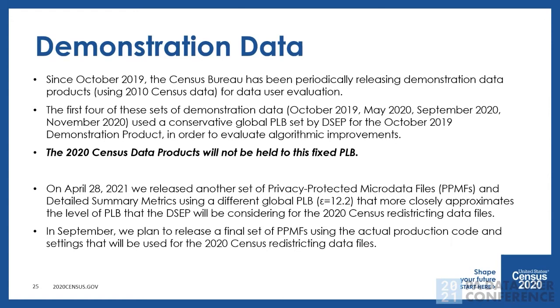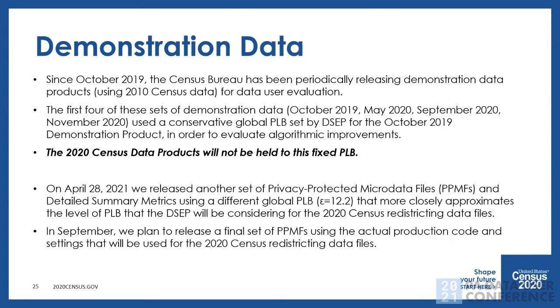The first 4 sets of demonstration data that we released in October of 2019, and then May, September, and November of 2020 used a relatively conservative privacy loss budget, erring on the side of privacy in that spectrum, that was set by DCEP for that original October 2019 demonstration set.